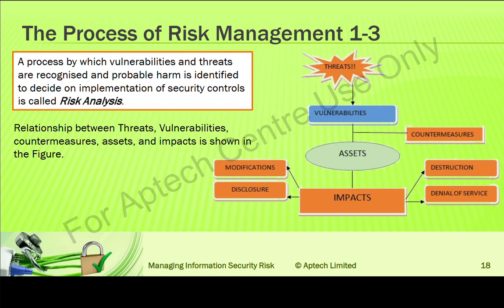Now, we come back to the impact. If this vulnerability were exploited, what is the impact? It can be modification of the information system or data. It can be disclosure, which can destroy the reputation and cause financial loss to the organization. It can be destruction of the data or the information system itself. It can also be denial of service, which is the availability part of the CIA triad.